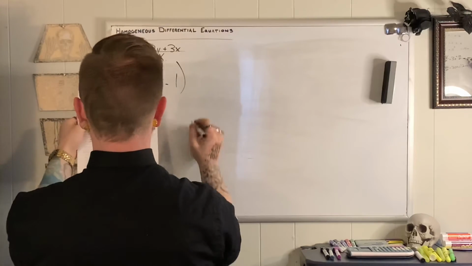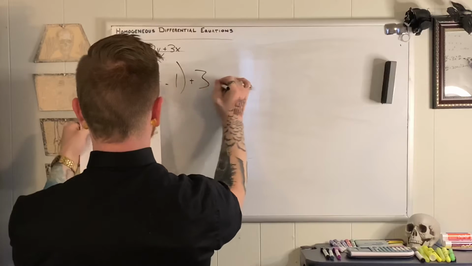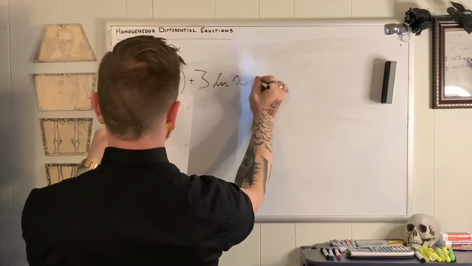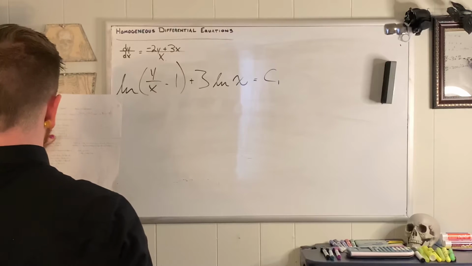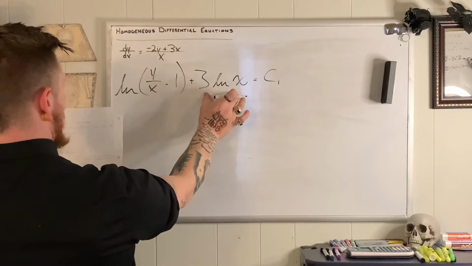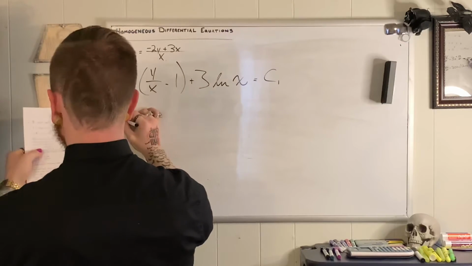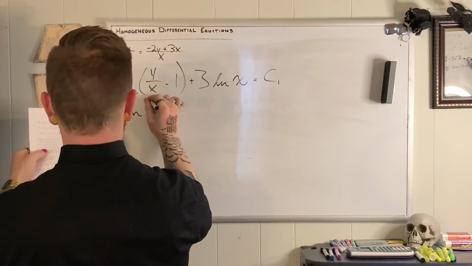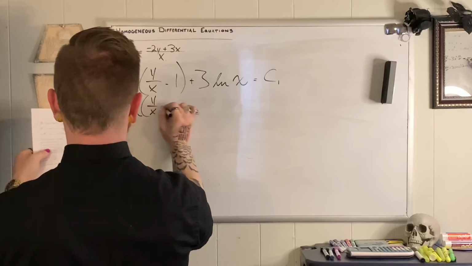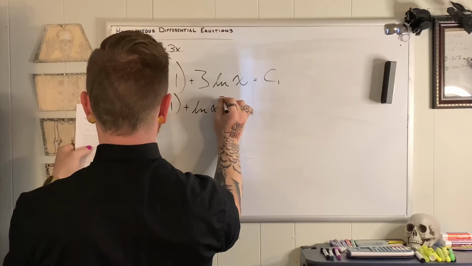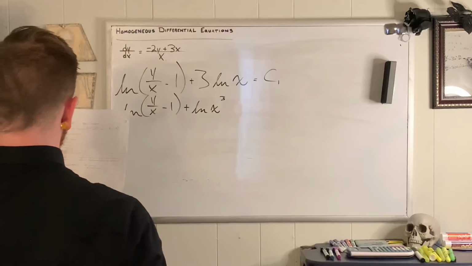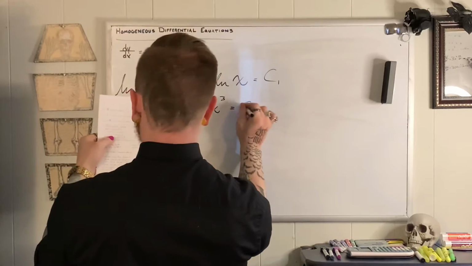Our second term stays the same, so we still have a plus 3 natural log of x equals some constant c1. Using our properties of logarithms, we can rewrite these. Natural log of y over x minus 1 plus natural log of x cubed equals c1.